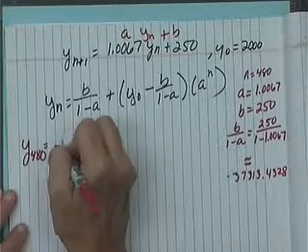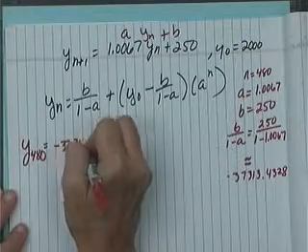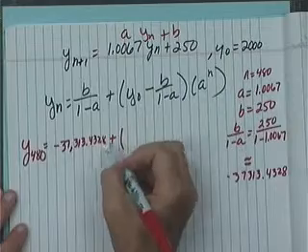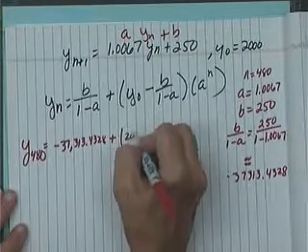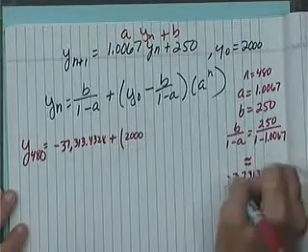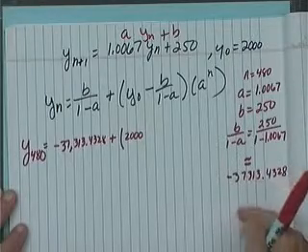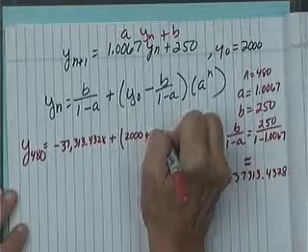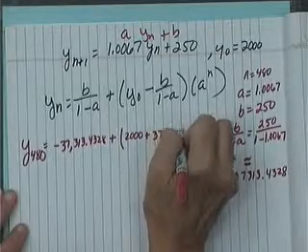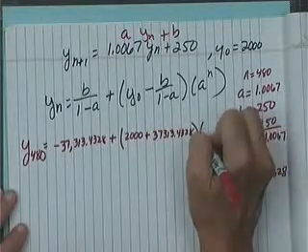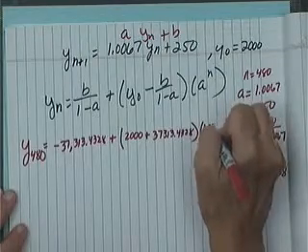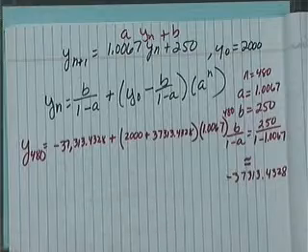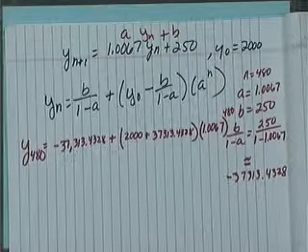All right, so we'll have negative 37313.4328 plus y sub 0, which is 2,000, minus a negative. Everybody see that? That becomes plus 37313.4328 times 1.0067 raised to the 480th power. Is that correct, everybody?